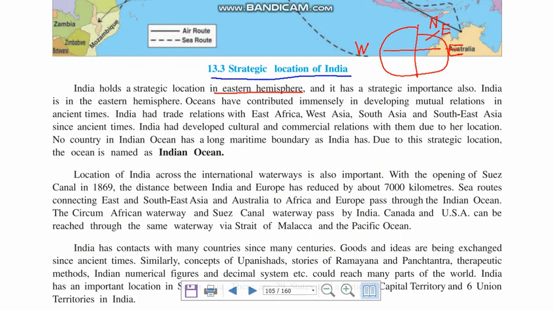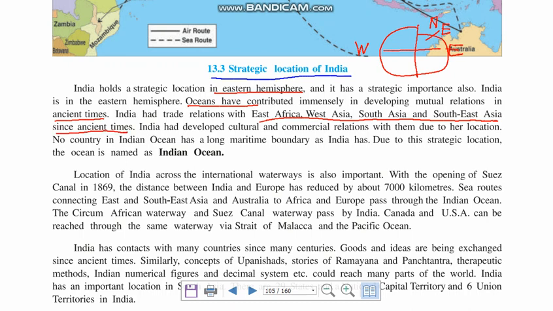Oceans have contributed immensely in the development of mutual relations in ancient times. In ancient times, oceans were a great thing for trade and culture. India has had trade relations with East Africa, West Africa, South Asia, and Southeast Asia since ancient times.